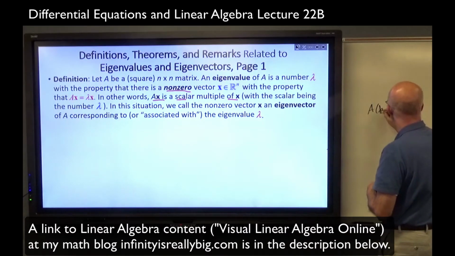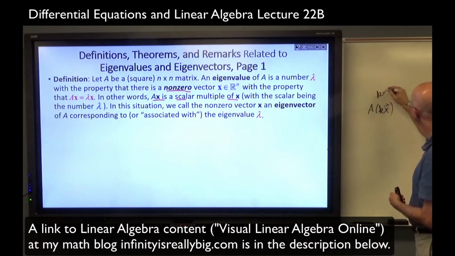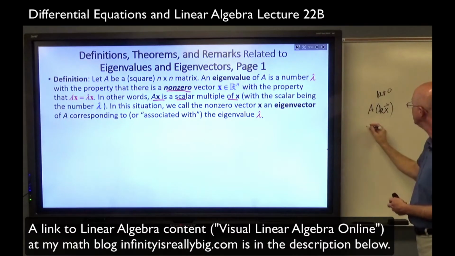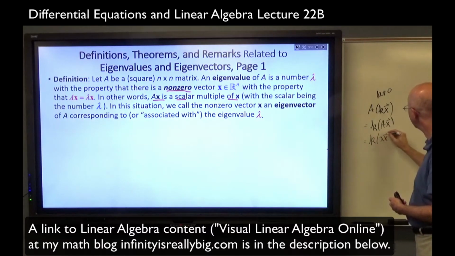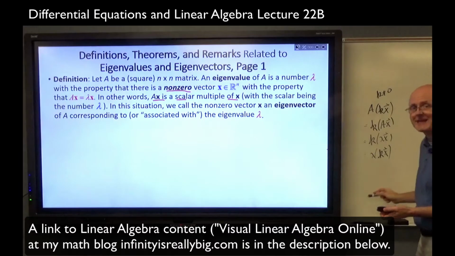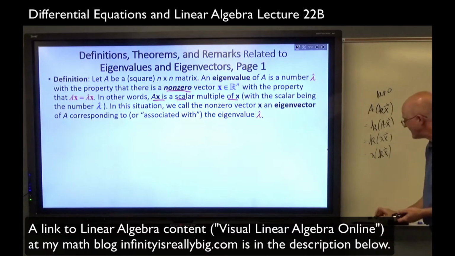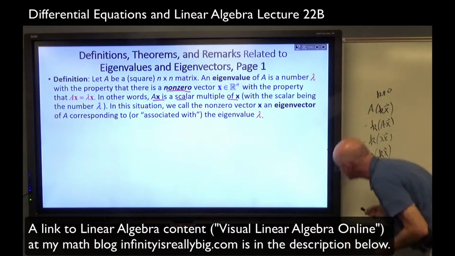Because if you take a multiple of x where k is non-zero, so that I am not looking at the 0 vector here, you can factor out the k, and if x is an eigenvector, that can be written as lambda times x, and then you can rearrange this to be lambda times k times x, showing you that k times x is an eigenvector, assuming k is not 0. These lines of equations still hold when k is 0, but we don't care about that, okay? So we want our eigenvectors to be non-zero.